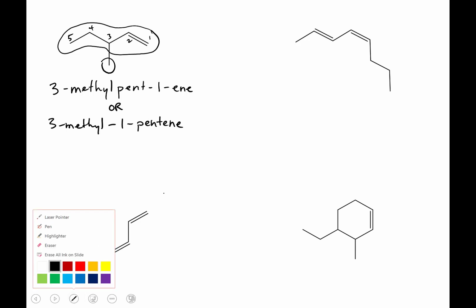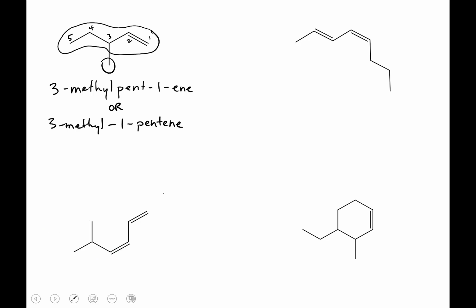Both of these, the IUPAC people say, are acceptable. So you can use that position, and by the way, don't be surprised if you actually see this written 3-methylpentene. If the position of the double bond is terminal, at the 1 position, often that 1 goes away.